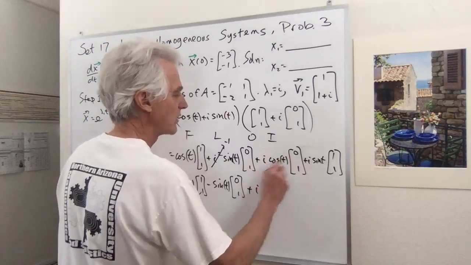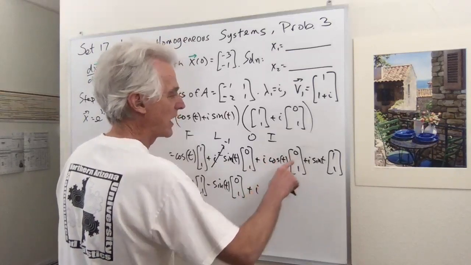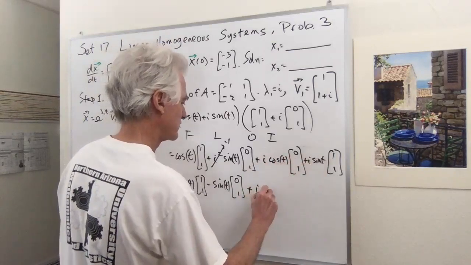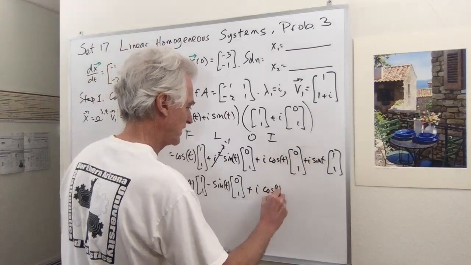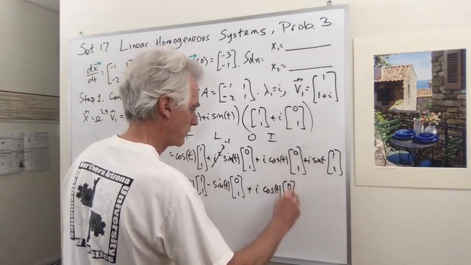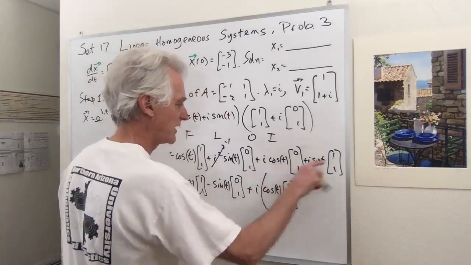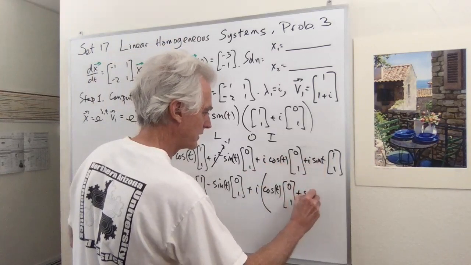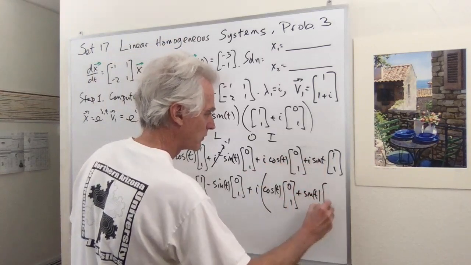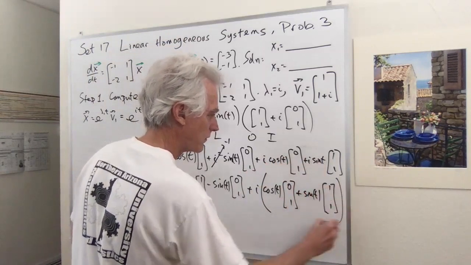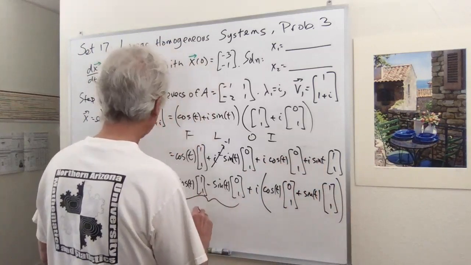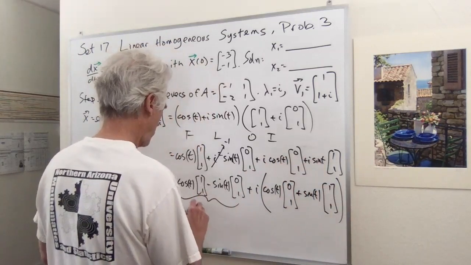Okay. So actually, let's do it in 2 steps. There's cos t times (0, 1), and I'm factoring out the i. There's i times that, and i times that, plus sine t times (1, 1). So this is the xr of t.